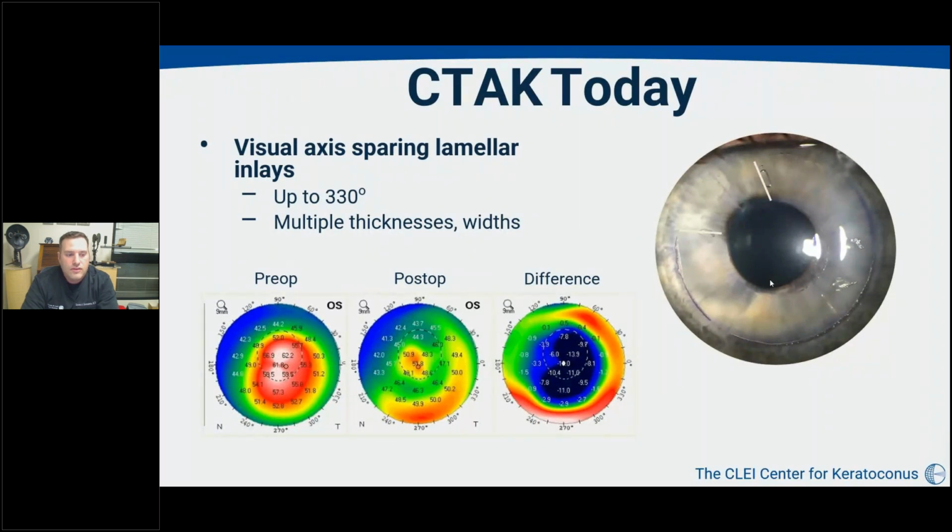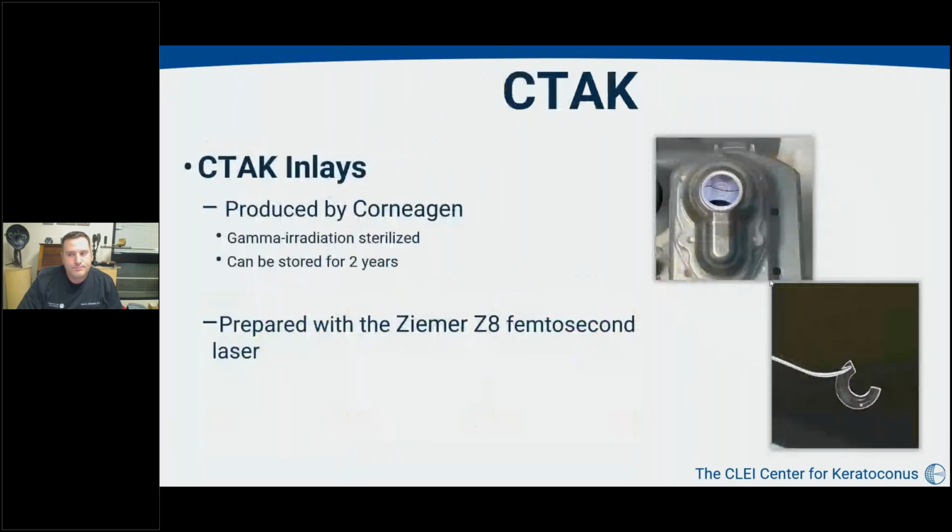And all of a sudden we started to see better topography results. At that point, we were starting to see the visual acuity reflect what we were seeing in the topography. As time went on, we started to customize these inlays to be able to adjust the parameters so that we could get even more reproducible topography over time.